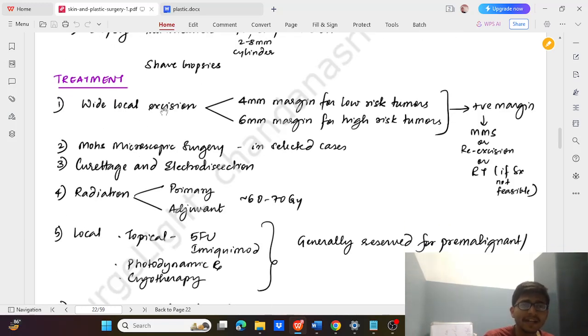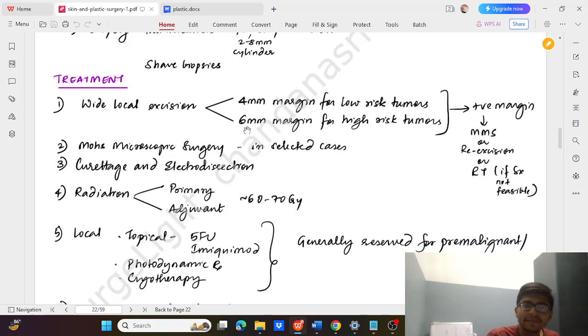Treatment will be wide local excision, and we will go for low risk lesions with 4 to 5 mm of margin, and these low risk lesions are less than 2 centimeter lesions, and 10 mm margin for high risk tumor.